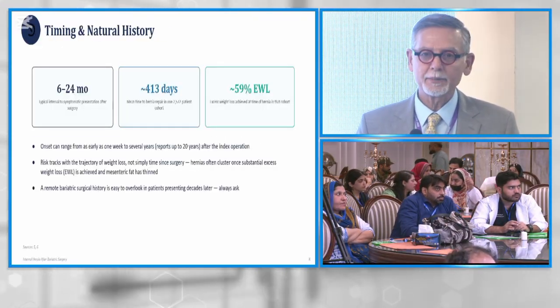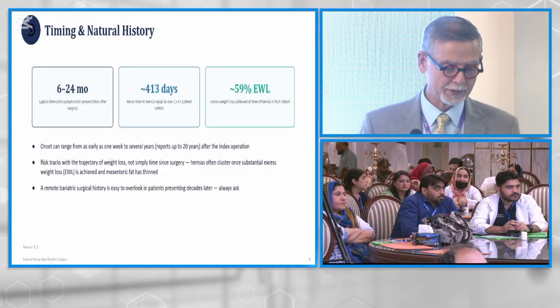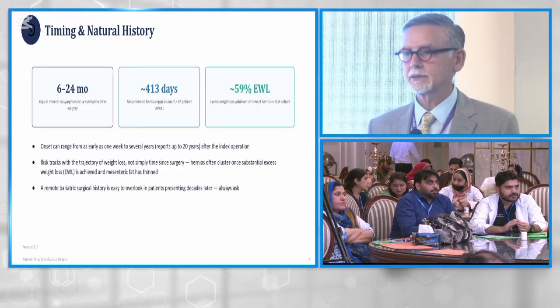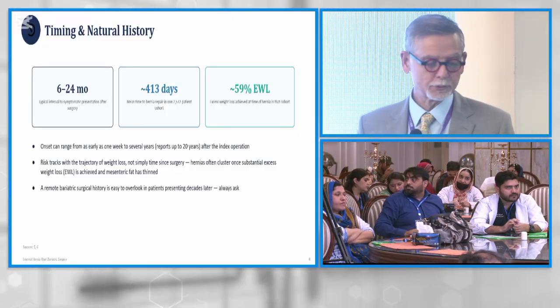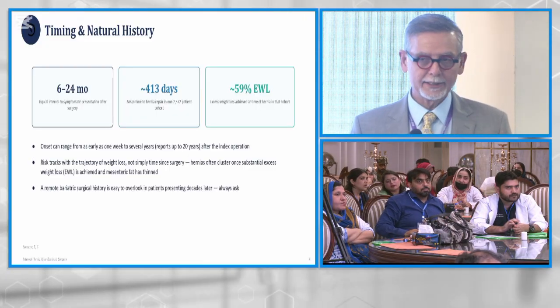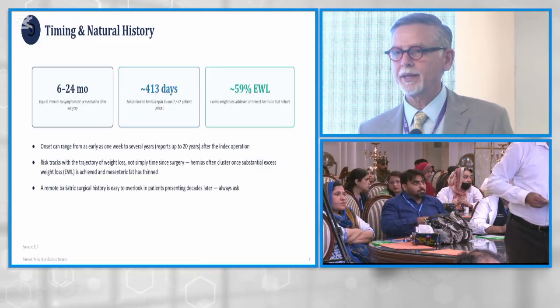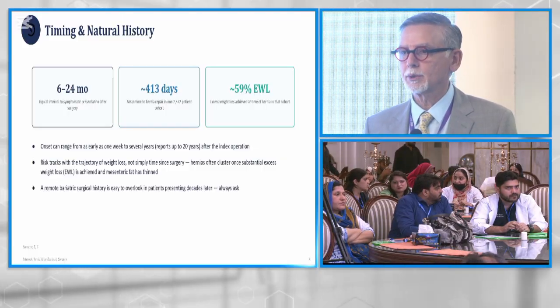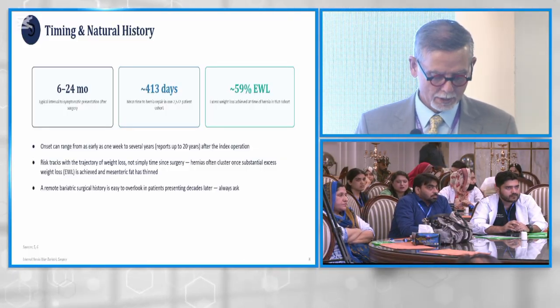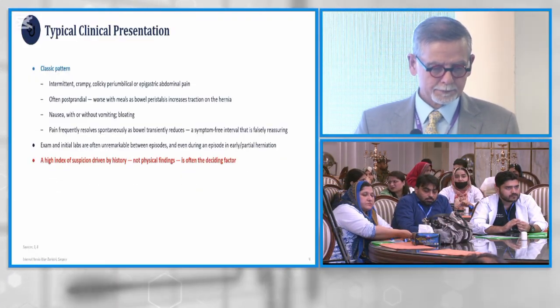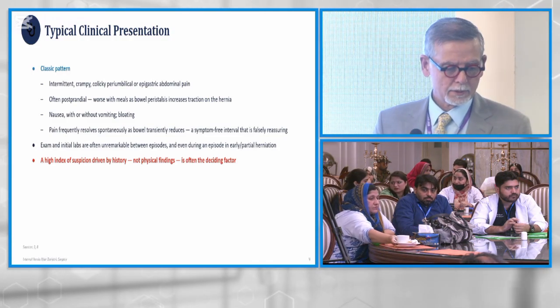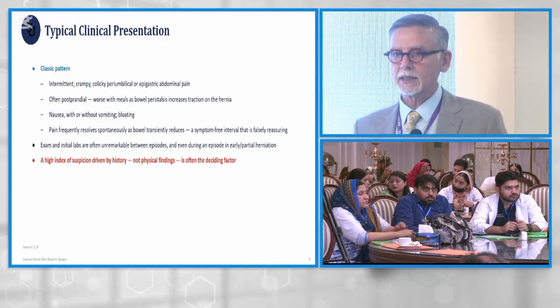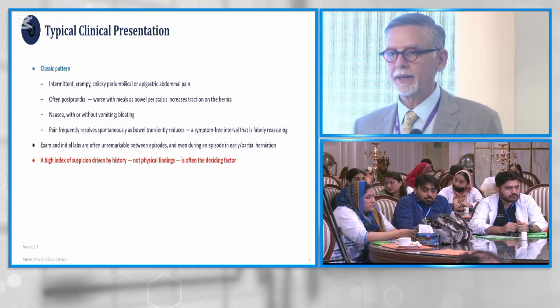The typical timing is 6 to 24 months. So when they lose weight in the first 12 to 18 months, it can be a vague abdominal pain on and off, or it can be a sudden acute abdomen presentation. We get patients in our clinics with intermittent abdominal pain.